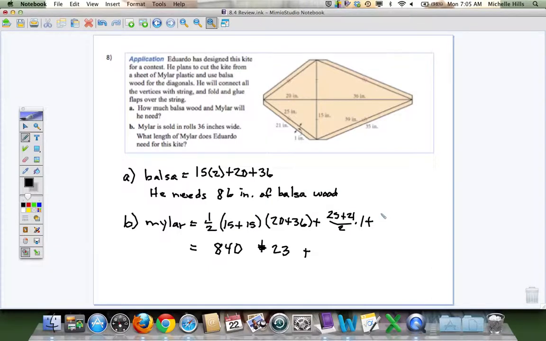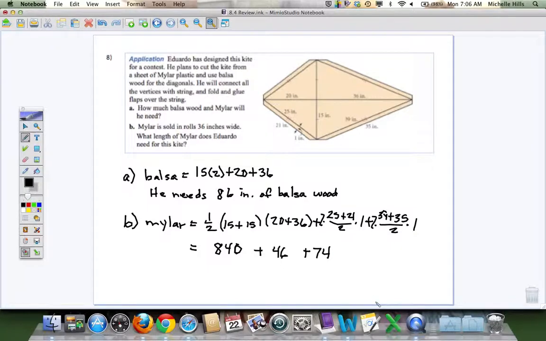Well, that average width is the one base plus the other base divided by 2, and then times 1. Now, I actually should say 2 of those because I have 2 trapezoids of this size and 2 trapezoids of this size, which is going to change what I just wrote here. Because instead of 23, it's going to make this 46, and then instead of 37 here, it's going to make this one 74.